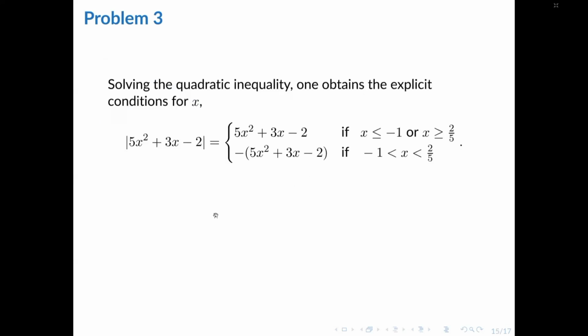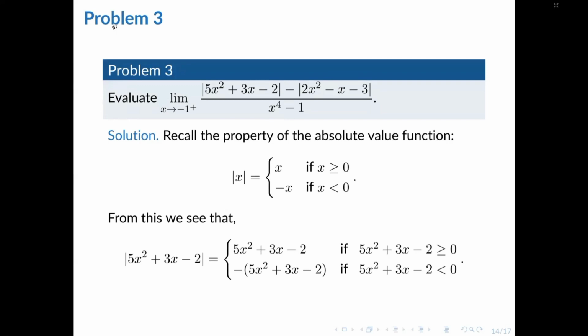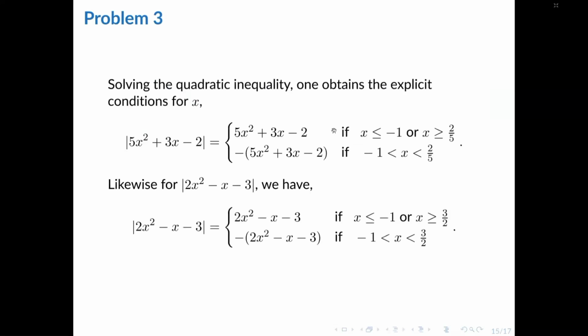Solving the quadratic inequality, one obtains the explicit conditions of x. So if we solve these inequalities, we will get this piecewise function. So the absolute value of 5x squared plus 3x minus 2 is equal to 5x squared plus 3x minus 2 if x is less than or equal to -1, or x is greater than or equal to 2/5.